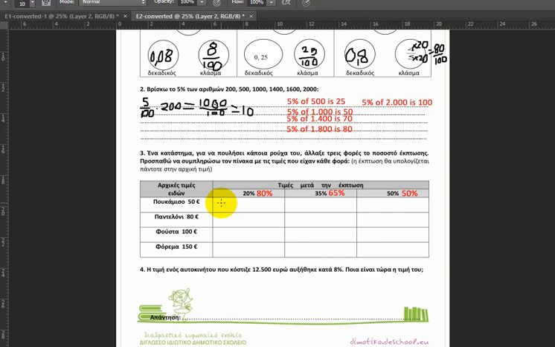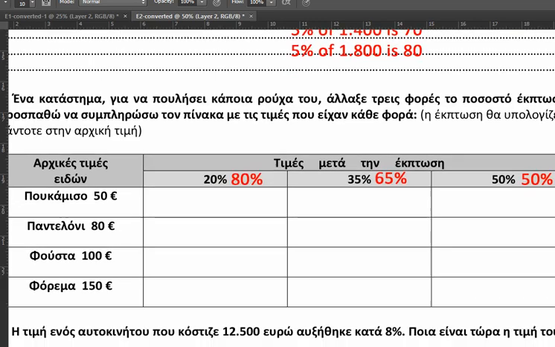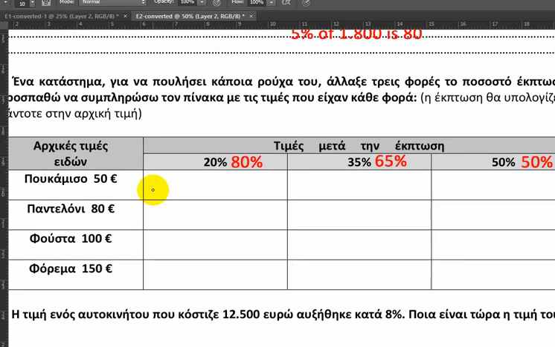Let's move in a little closer. 80 over 100 times 50.